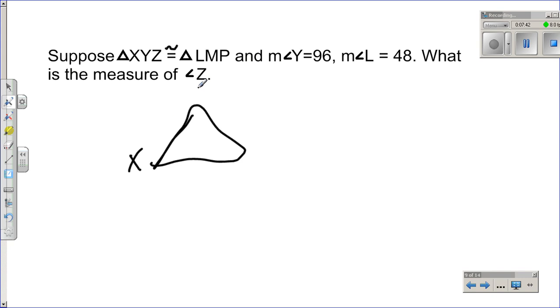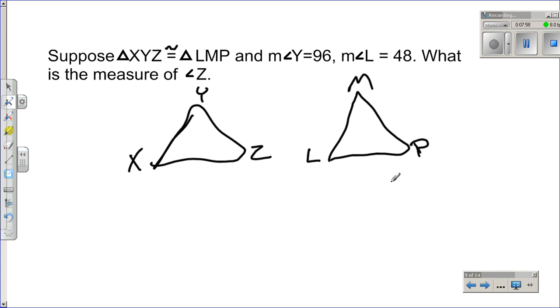We got X, Y, Z. Now it said that it is congruent to LMP, so you got to go in the same order. Now it says Y is 96. So this is 96. L, right here, is 48.